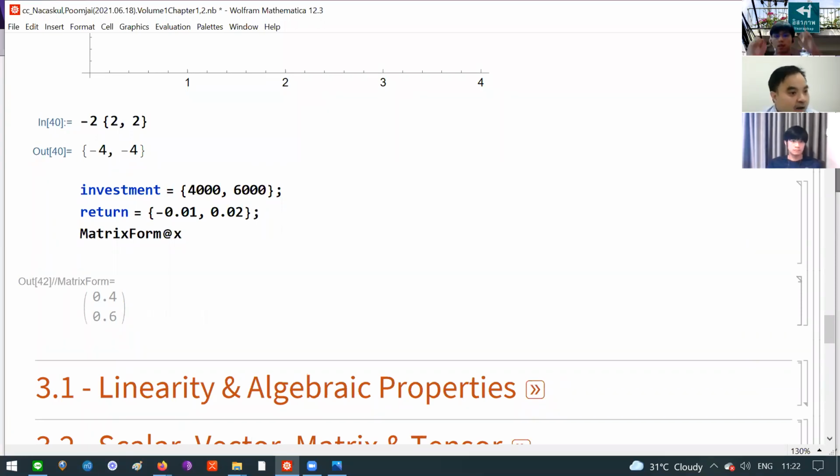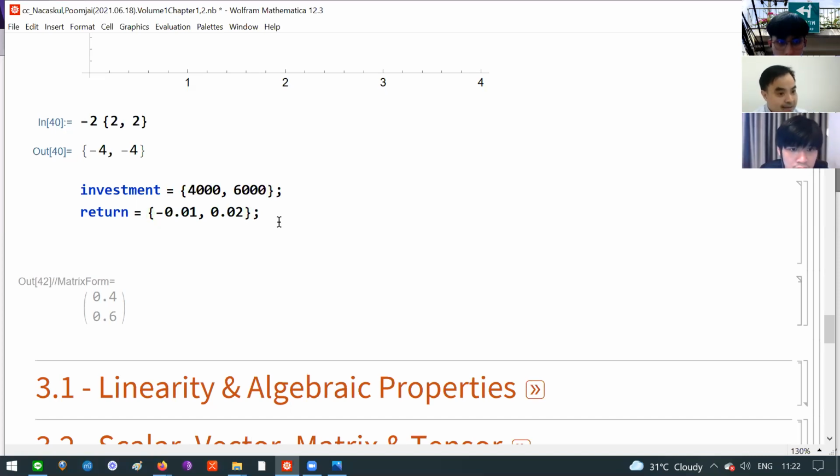Now, obviously, what is your gain loss? It's equal to this times this plus this times that, right? So basically, it's this times this plus this times that.